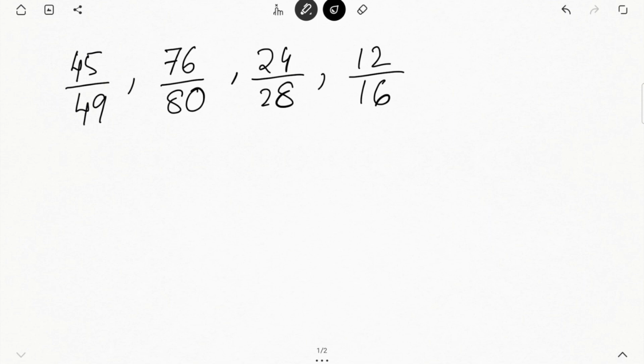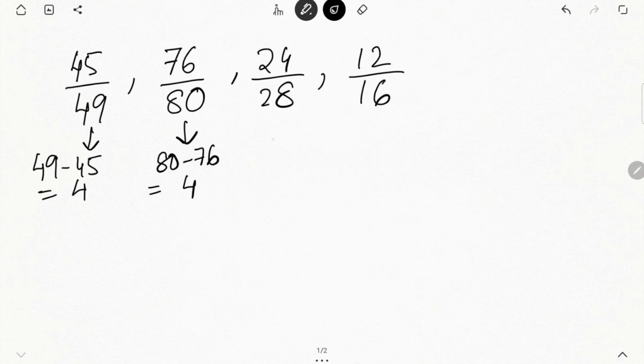for each fraction. So if we do that, here I am getting 49 minus 45, which gives us 4. Here I am getting 80 minus 76, which also gives us 4. Here 28 minus 24, which is also 4. And this one gives 16 minus 12, that is also 4.